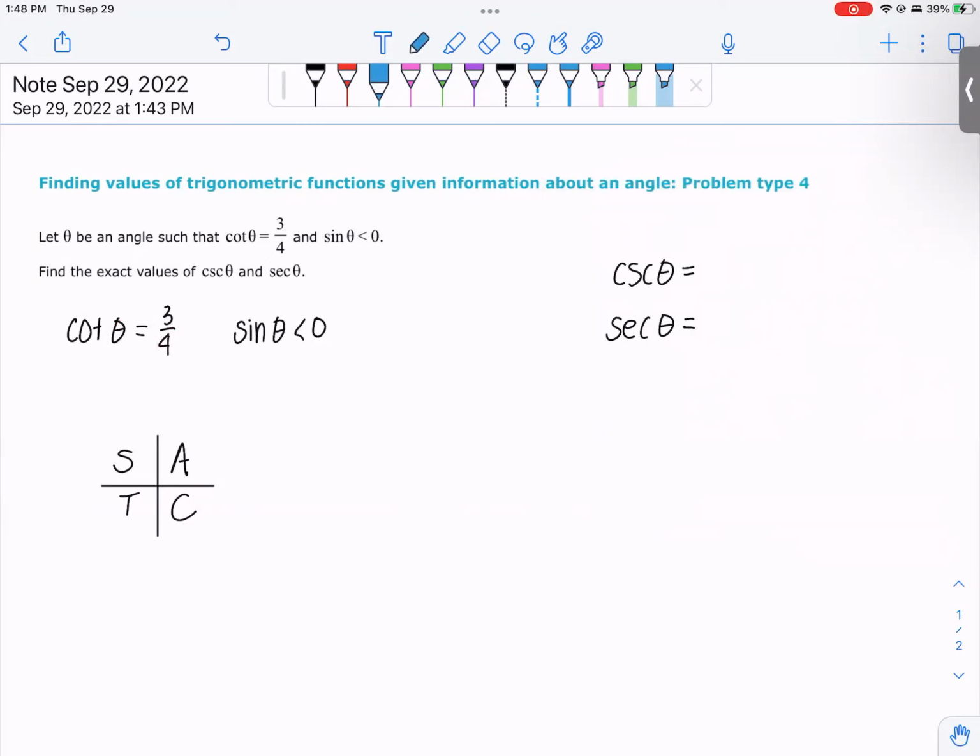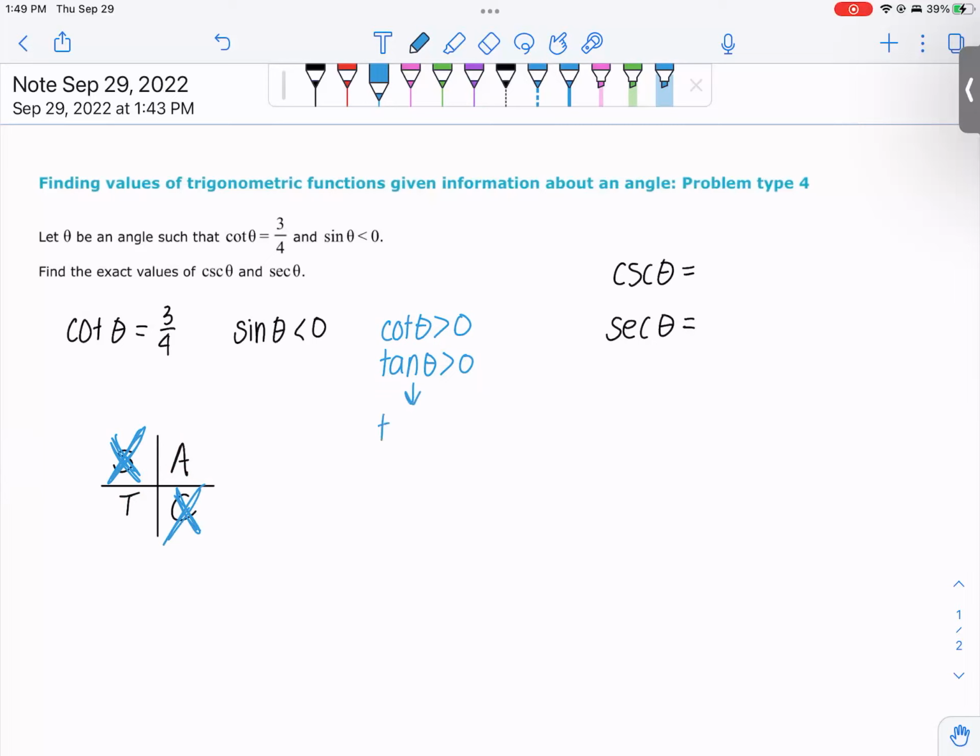We know cotangent is positive, greater than 0 is positive. And if cotangent's positive, that means that tangent is positive as well. If tangent is positive, that means that we are looking only in quadrants 1 and 3 because tangent is negative in quadrants 2 and 4.